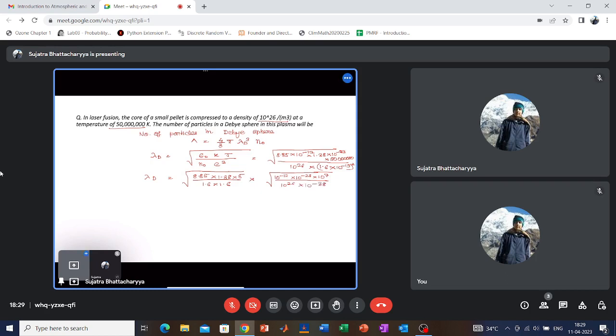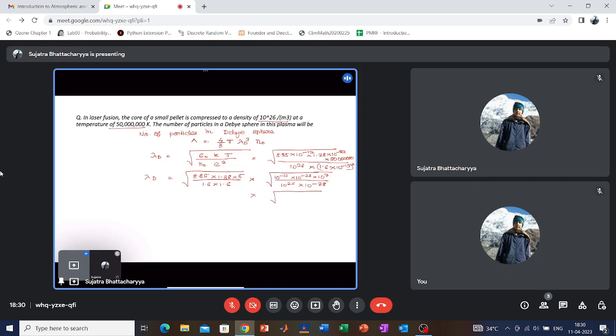Fine. So 10 to the power minus 23 and minus 12 becomes minus 35, and 26 will also come. So if you do all these powers separately, 26 minus 38 is 10 to the power minus 12.